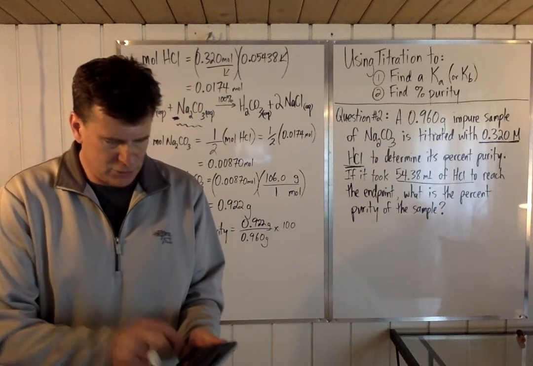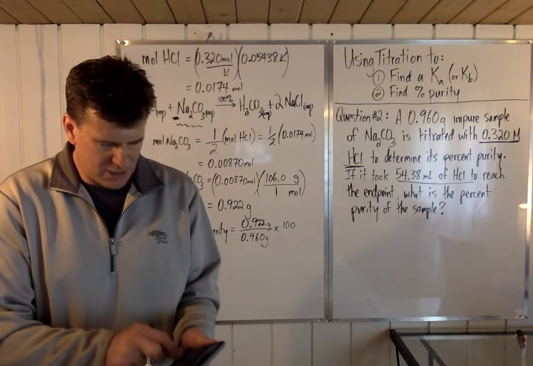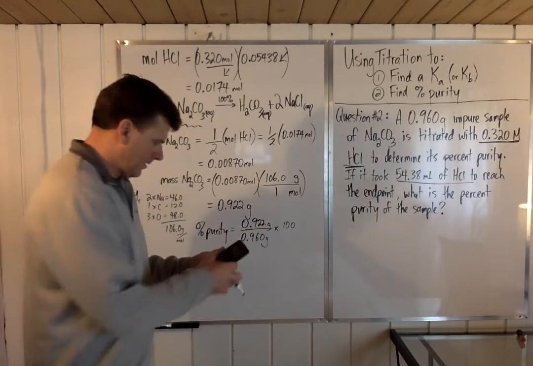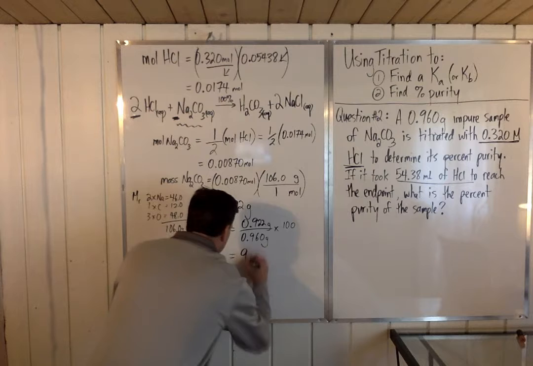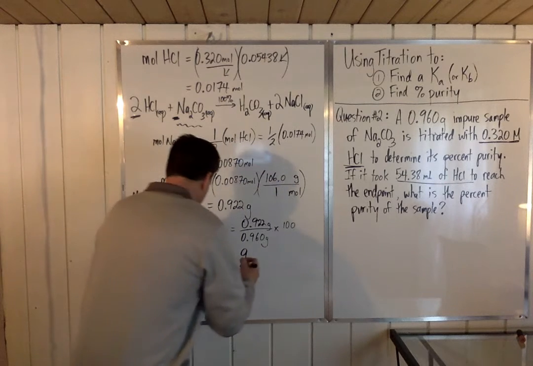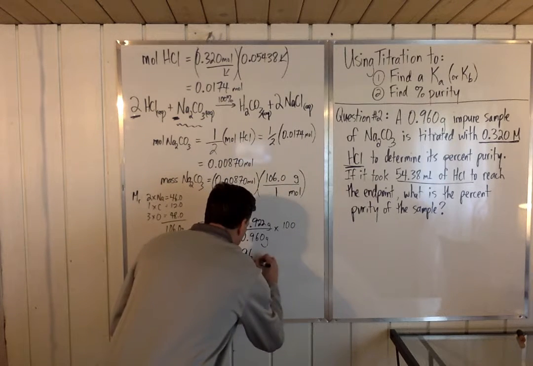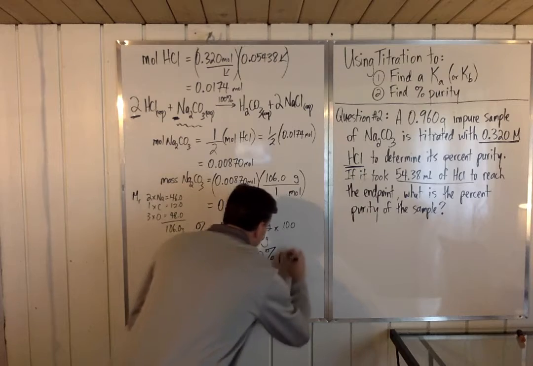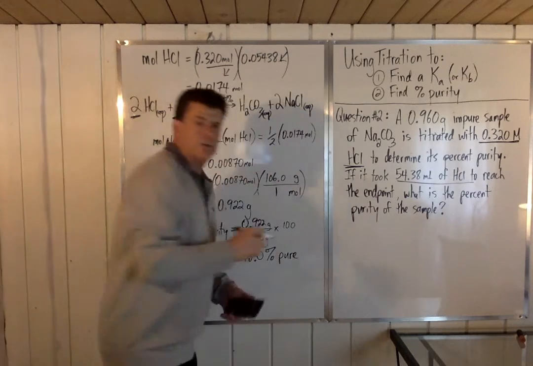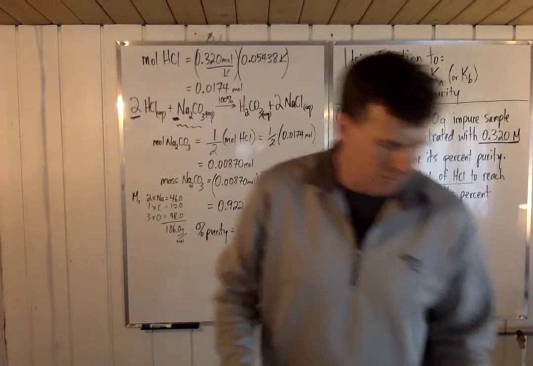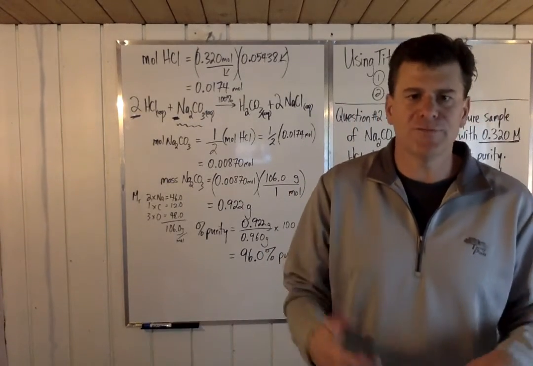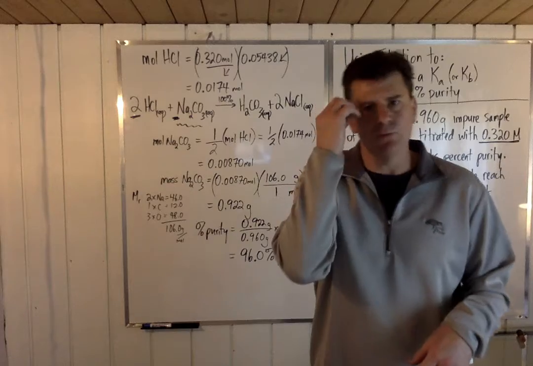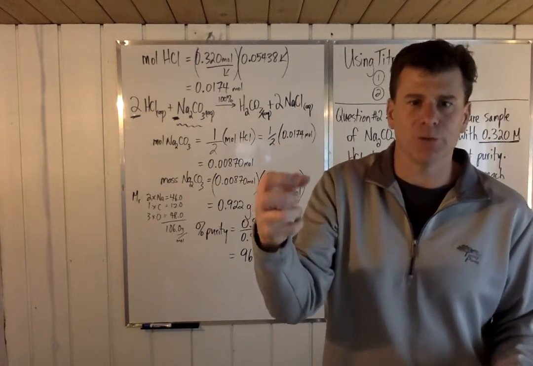So 0.922 divided by 0.96 equals 96, and I get 3 sig figs, so 96.0% pure.